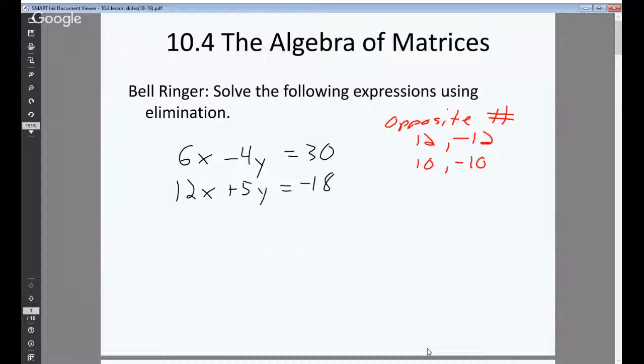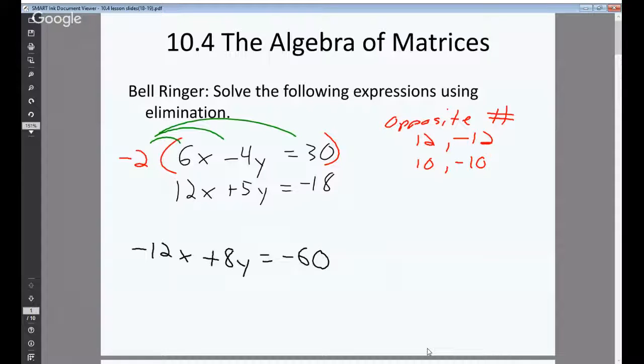Right now, neither my x's nor my y's have opposite numbers. But what if I take the top equation and multiply everything by -2, and then let's see what happens. We distribute that -2 to the top, and that'll give me -12x plus 8y equals -60.